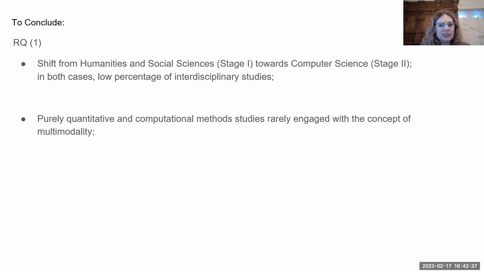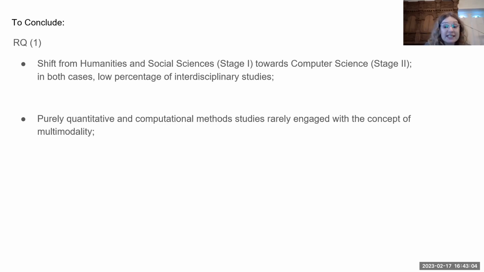To what extent have studies across different disciplines engaged with multimodal analysis of dis or misinformation? Studies have shifted from primarily being in the humanities and social sciences in stage 1 to being in computer science in stage 2. But in both cases, the percentage of interdisciplinary studies is low.